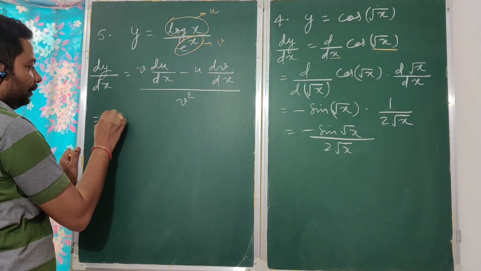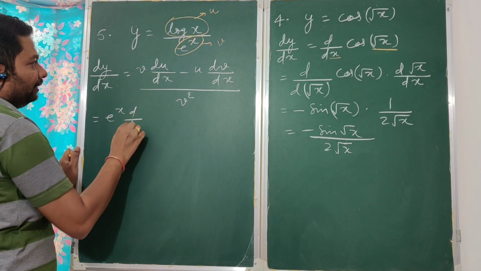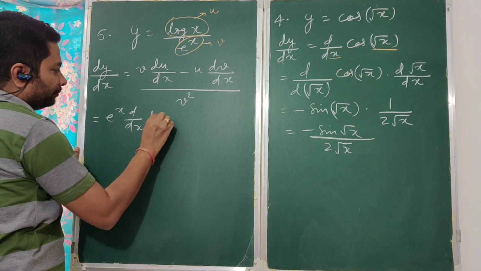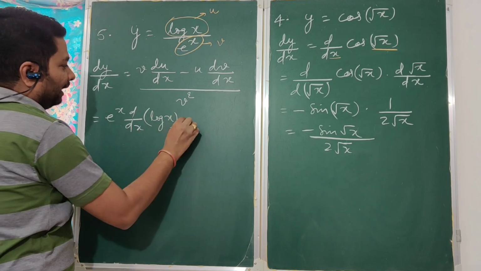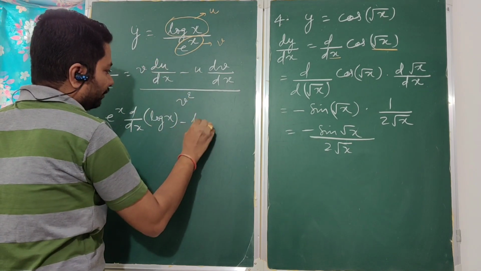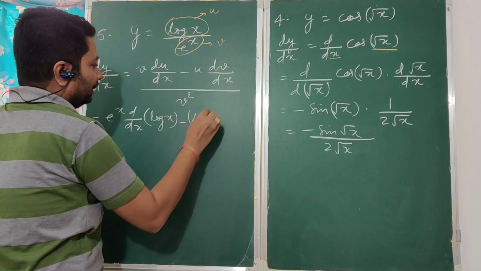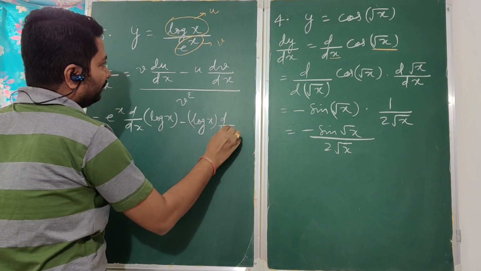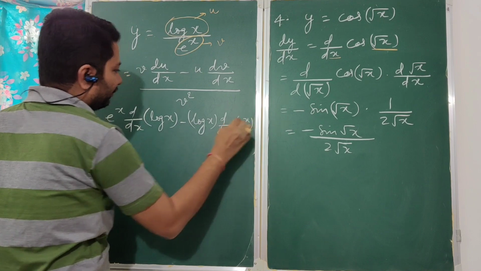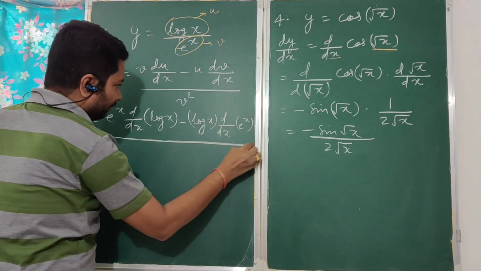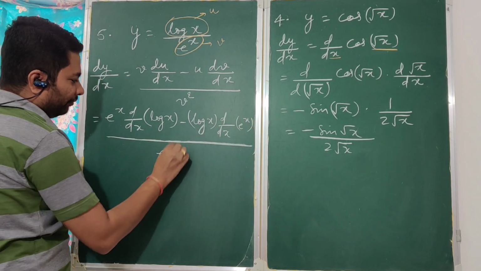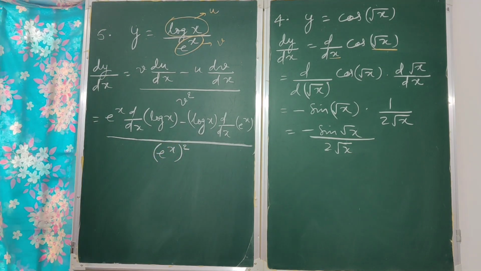So you can write e to the power of x d by dx of log x, minus u, which is log x, d by dx of v, which is e to the power of x, divided by e to the power of x, the square of this.